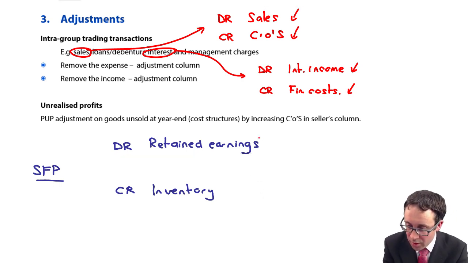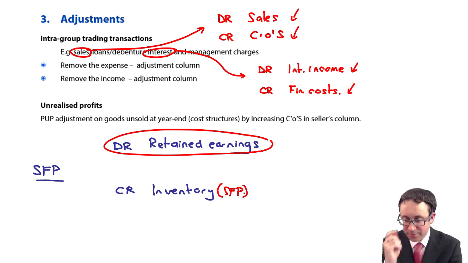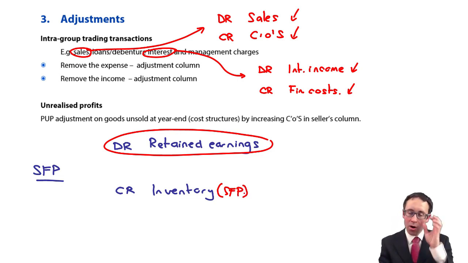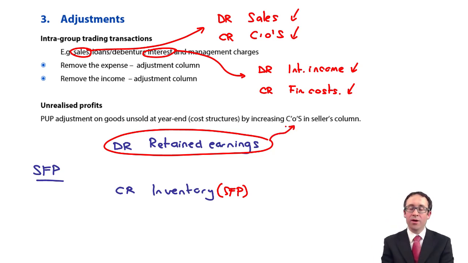So here what we've got is the credit to the inventory is what's done on the SFP. Okay. Here what we're going to go through and do is we can be a little bit more specific, can't we, in terms of where that adjustment is made.